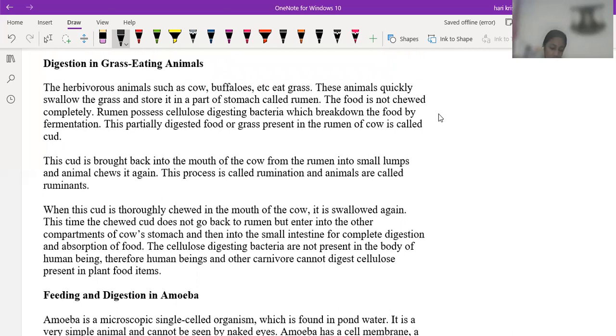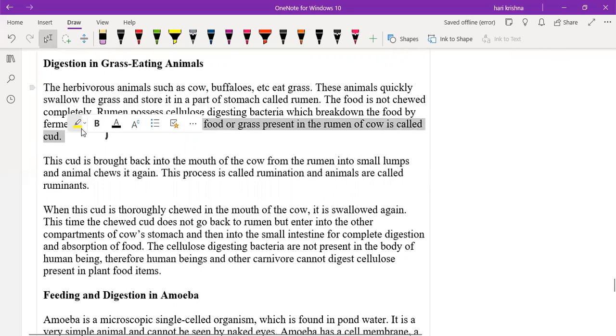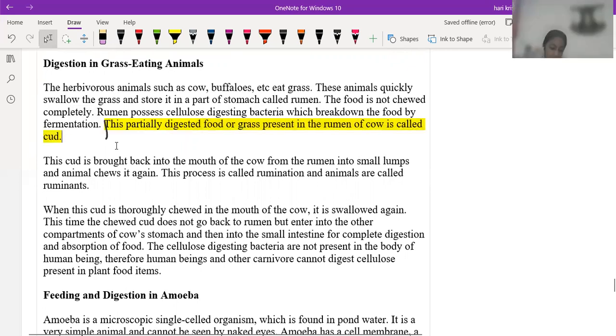Again they will grind it completely. It is called cud, sir, actually. It's already given here, right? The partially digested food in the rumen of a cow is called cud.